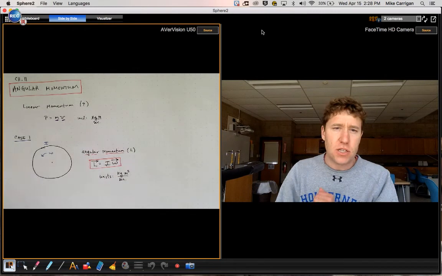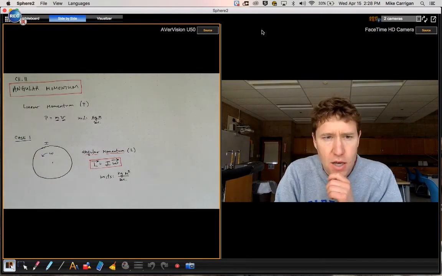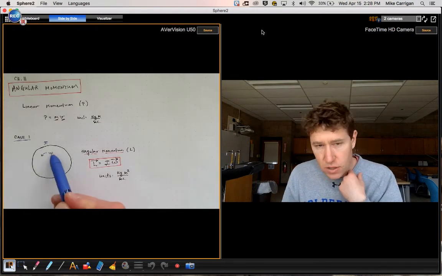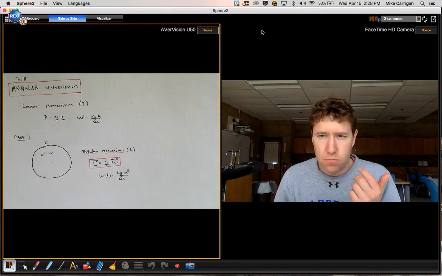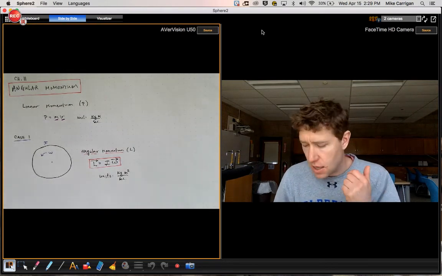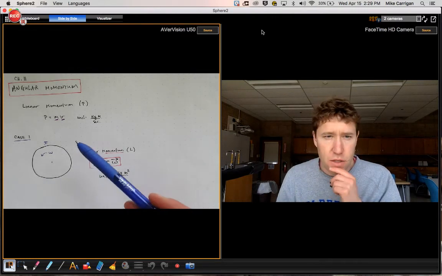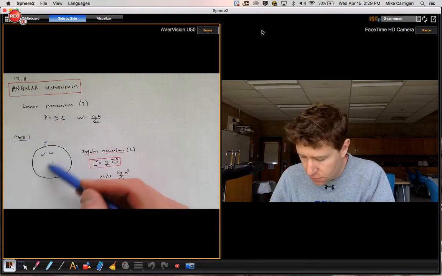And we haven't really talked about rotational vectors yet, and rotational vectors are a little bit weird. So your first instinct might be to think, okay, if the wheel is spinning counterclockwise, maybe that's the direction of the vector. That would be sensible. It turns out that's not the way it works. The direction of the vector is actually going to be perpendicular to the plane of the rotating object.